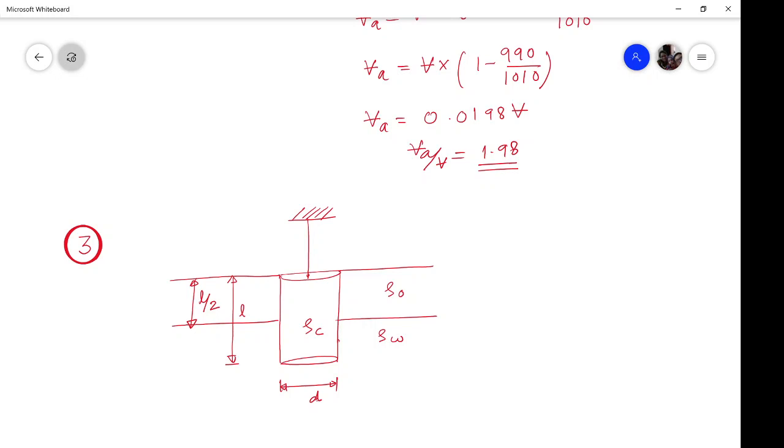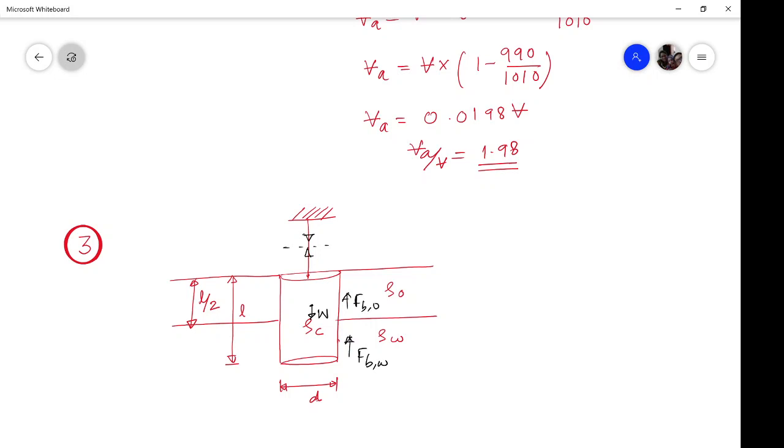So if you look for equilibrium of this, this block will be pulled by the rope, and at the same time this is pulled. So if you cut it from here, what are the forces? So W, weight of the cylinder, buoyancy force due to water, and buoyancy force due to oil.